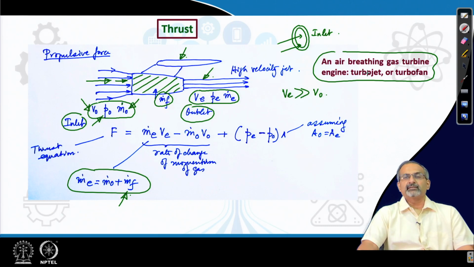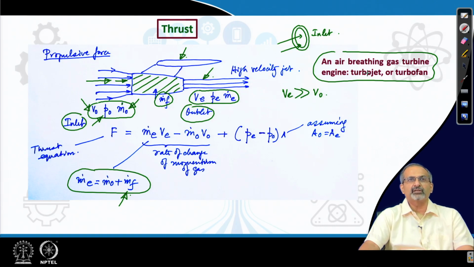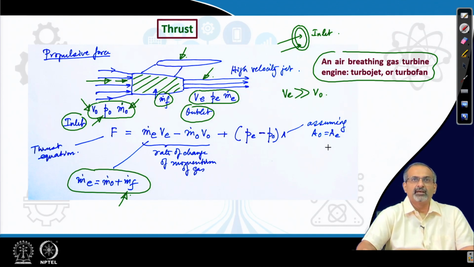It is basically a gas turbine engine, and the one that we have sketched here is representative of a typical turbojet or a turbofan engine. If you have a propeller in front, you could have a turboprop engine. You could think about other air breathing engines too, ones which work at higher cruise velocities like ramjets and scramjets, but we are not getting into all that at this point of time.